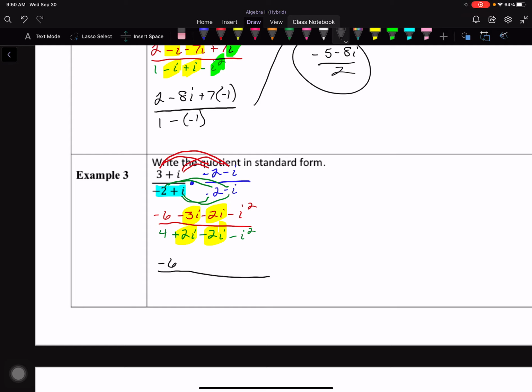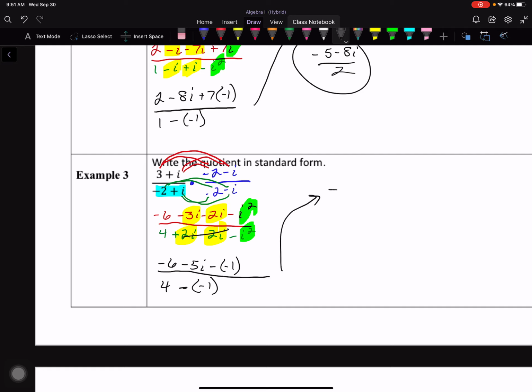So negative 6 minus 5i minus, change these i squareds right away to negative 1s. 4, and again, if you do this correctly, you're going to get these middle terms to cancel out. So, boom, gone, minus i squared is negative 1.